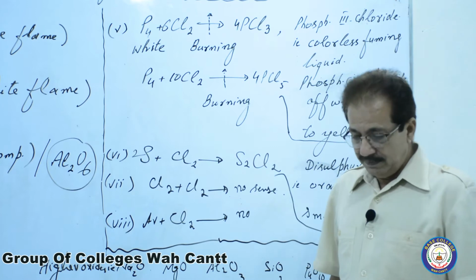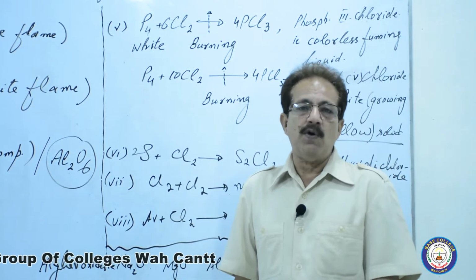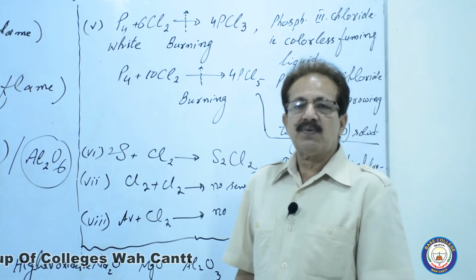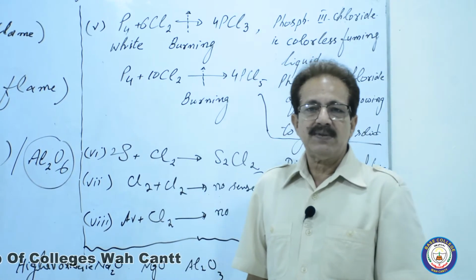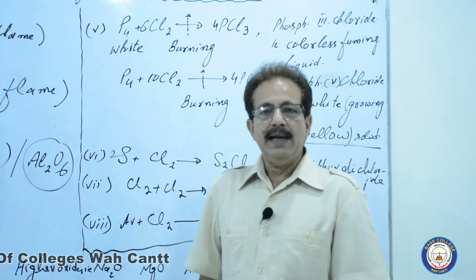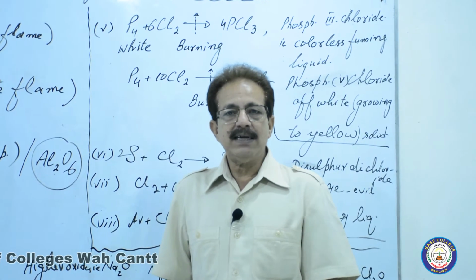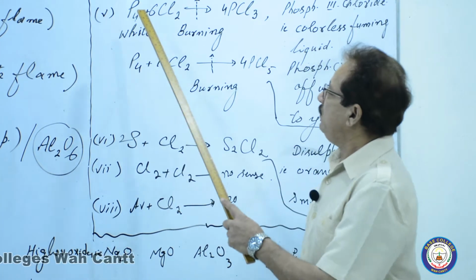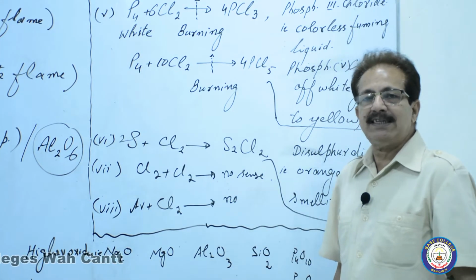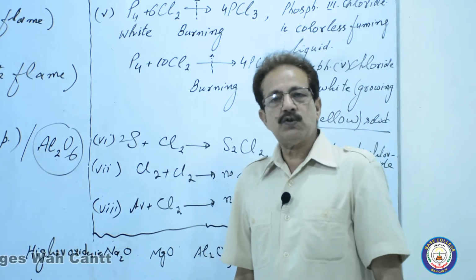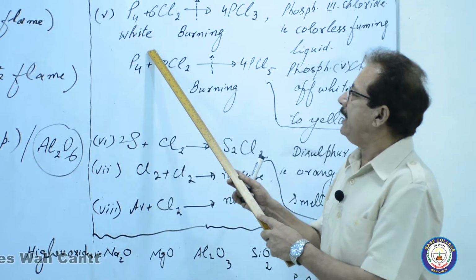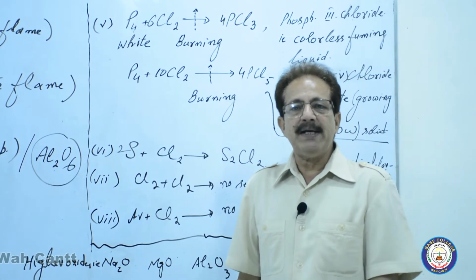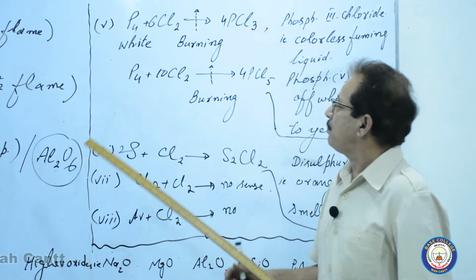And phosphorus has many allotropic forms, out of which white phosphorus, red phosphorus and black phosphorus are more important, and out of these three, P4 white phosphorus is the most important. That's why we are considering here white phosphorus, the first allotropic form of phosphorus.